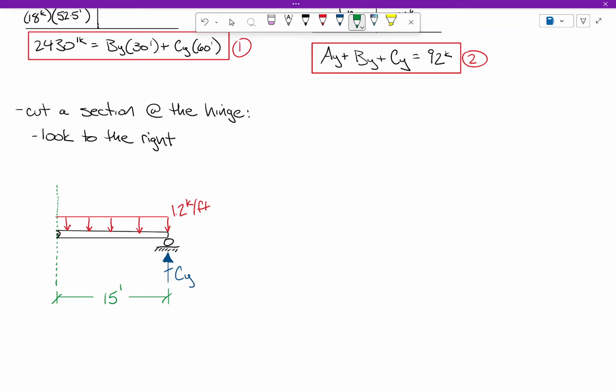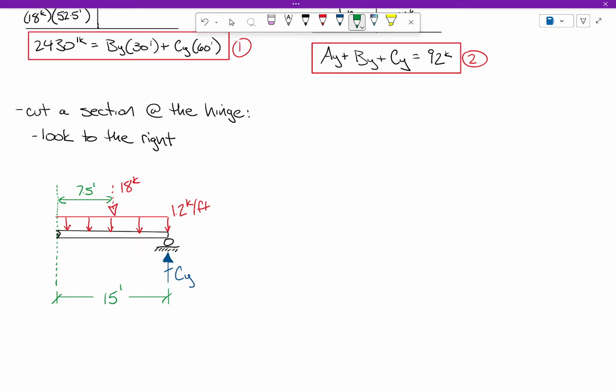Now, in the case of this problem, it is, in fact, 18 kips right here, 7.5 feet away. Okay? Not disputing that. But that's just because we happen to cut the section right at the edge of the load. What if we cut a section through the load?